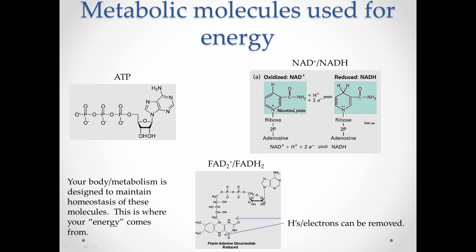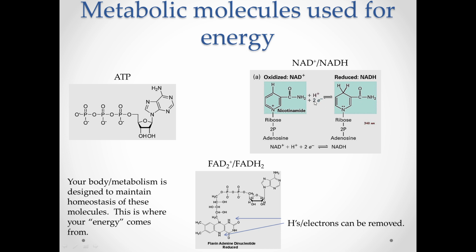The reason why these two molecules are important is because protons can be added or removed from this molecule. So protons can be added to FAD to make FADH2, and protons can also be added to NAD to make NADH.